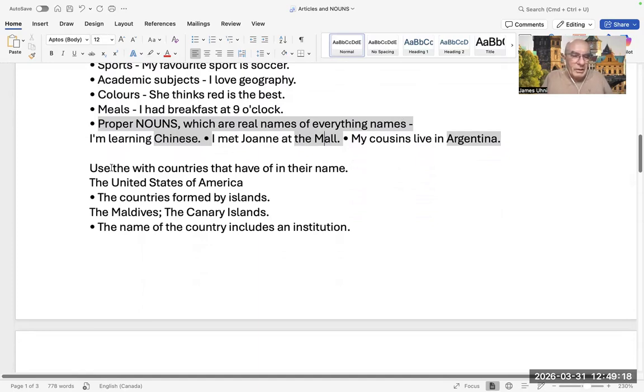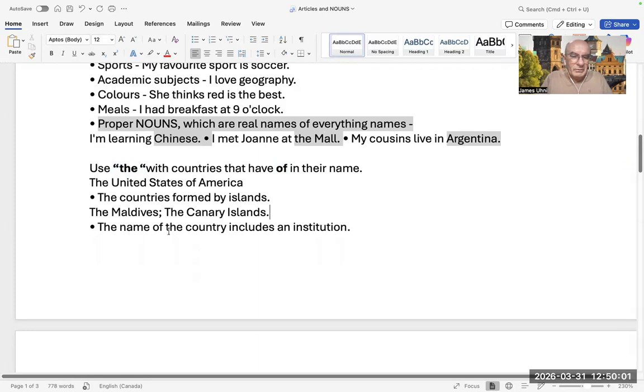But use the, and that is interesting because it's incomplete. And I will make it bold for you so it's easier to understand. With countries that have of in their names. So the United States of America, the countries formed by islands, the Maldives, the Canary Islands.